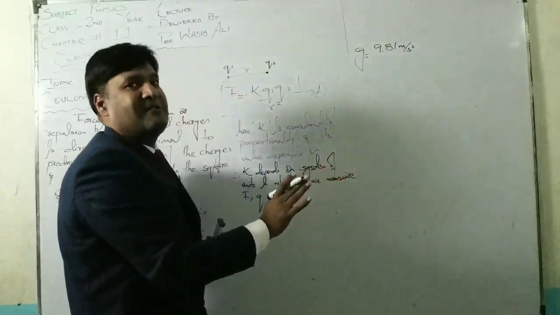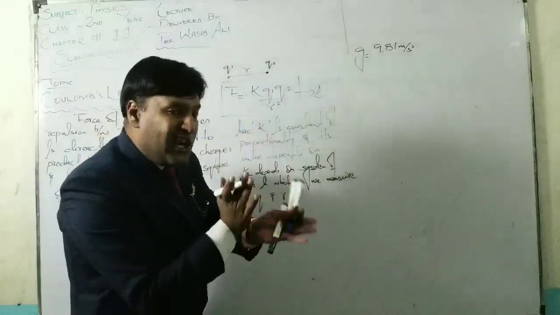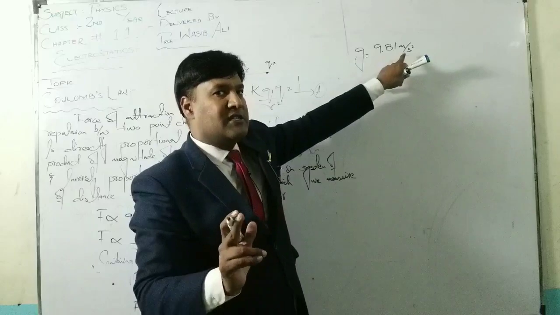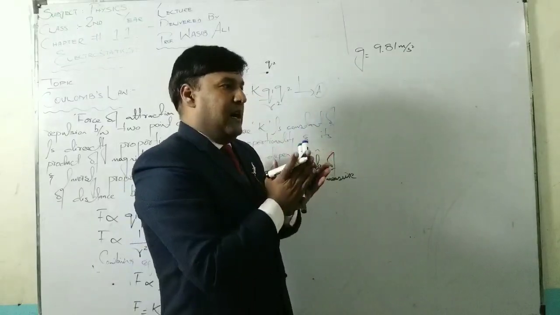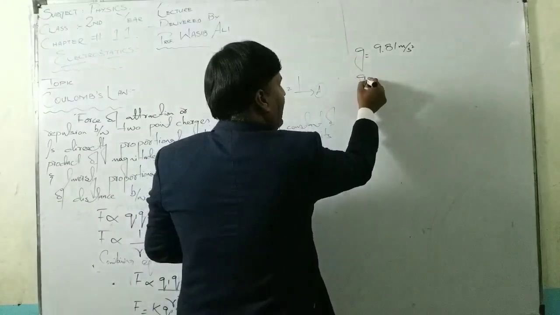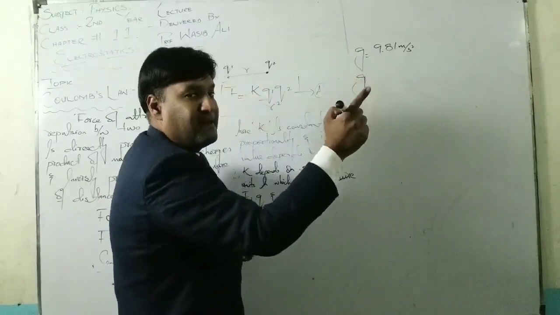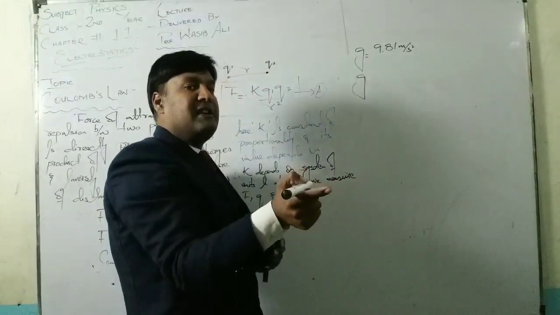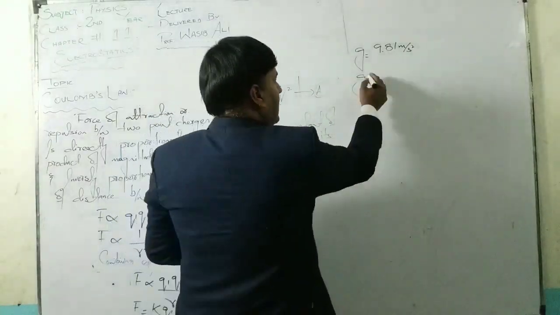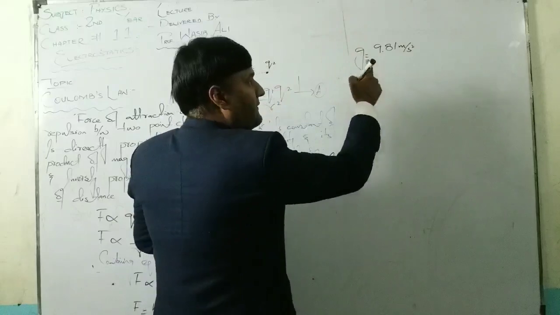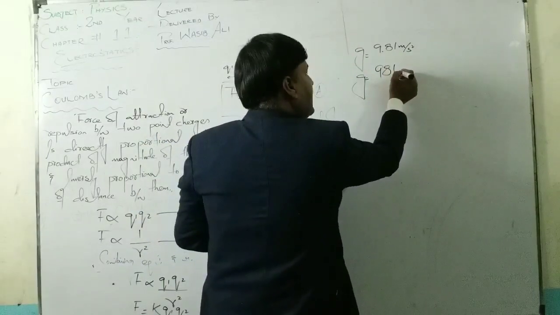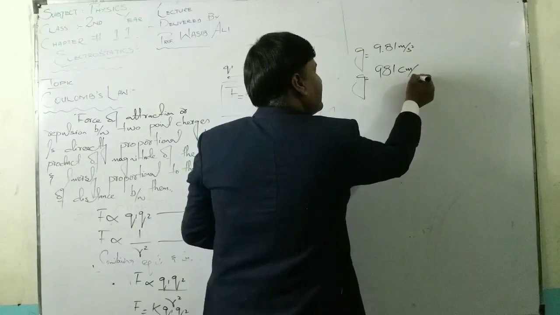Though it is a constant, when we change the system of units, for example, instead of SI units, if we use the CGS system, in which length is measured not in meters but in centimeters, mass in grams, and time obviously in seconds, then instead of 9.81, its value is 981 centimeter per second square.